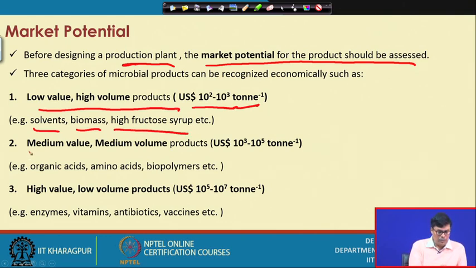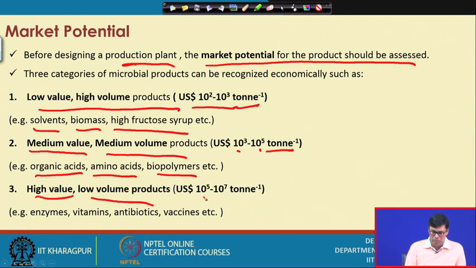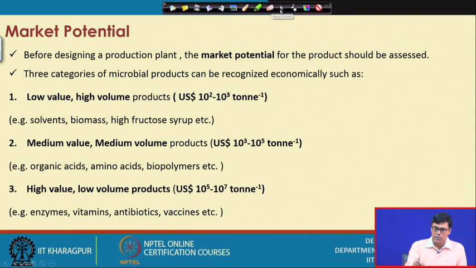Then we have medium value, medium volume products, at 10 to the power 3 to 10 to the power 5 US dollars per ton: organic acids, amino acids, and biopolymers. High value, low volume products are at 10 to the power 5 to 10 to the power 7 per ton: enzymes, vitamins, antibiotics, and vaccines. So, market potential we shall have to find out.